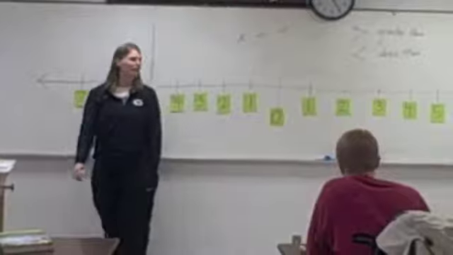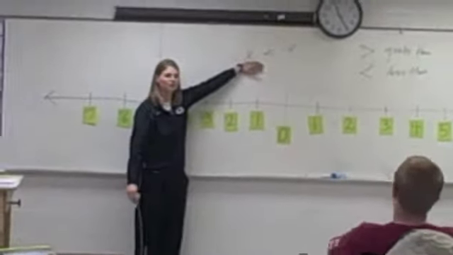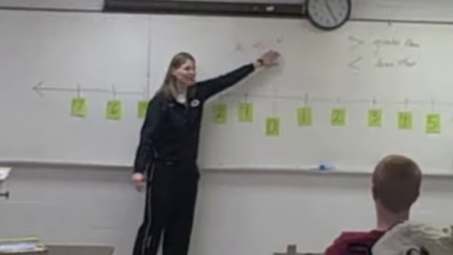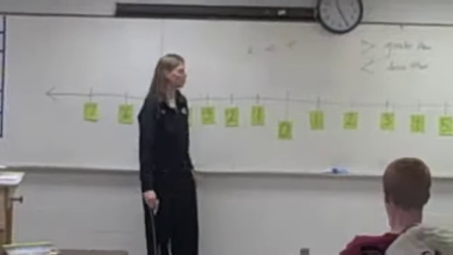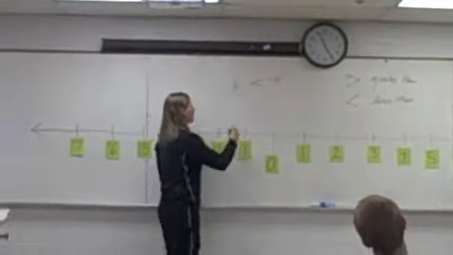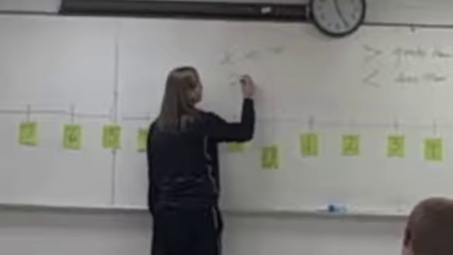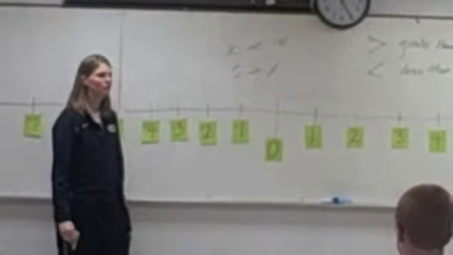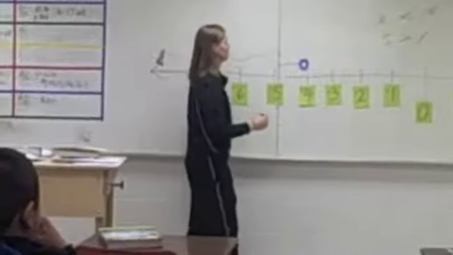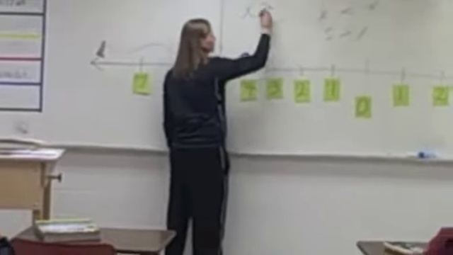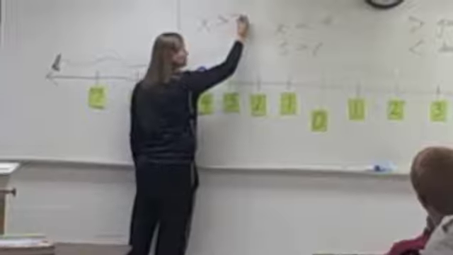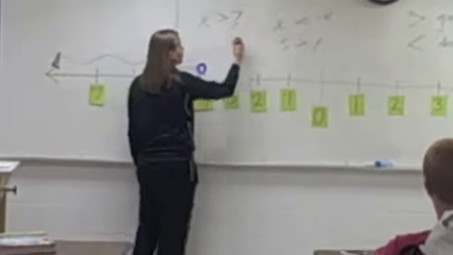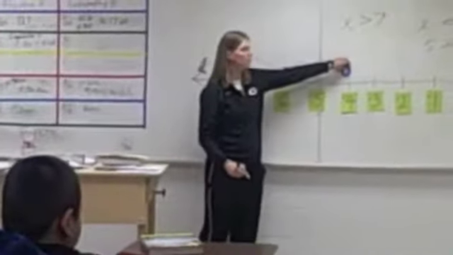Trent, how would I say this? X is less than -4. Good. Another one: if we do X is greater than, what's my last number? 7. That'll work. X is greater than 7.